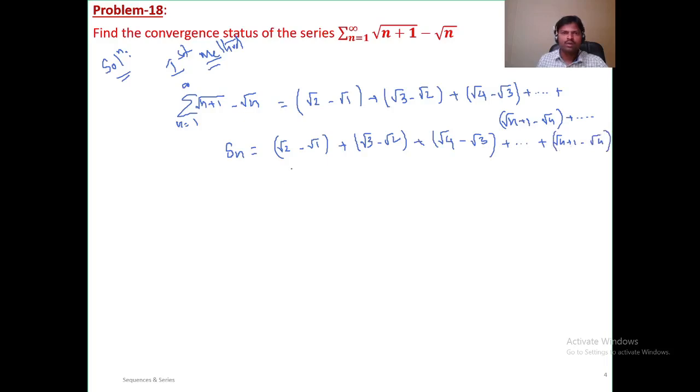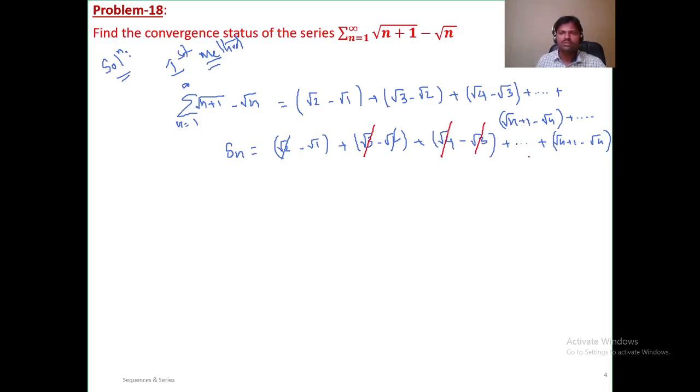Now look at it: first bracket's second term and second bracket's first term will be cancelled out every time. Minus root 3 plus root 3. Likewise, if this is the first bracket, next will be the second bracket, root 4 minus root 4 will be cancelled out. Similarly, in front, there is one more bracket.